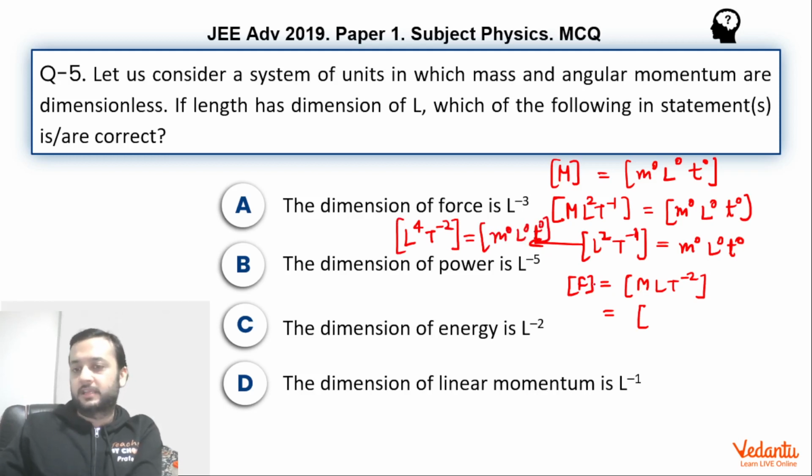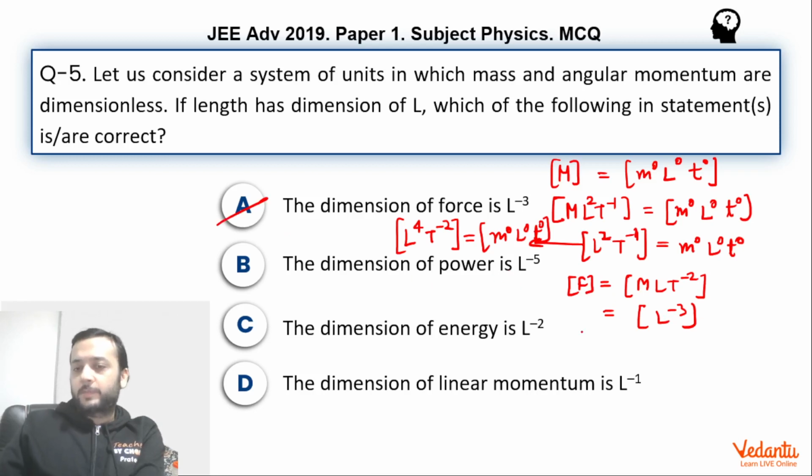Now it is easy to see M has gone. So if you take L cube to this side, this is exactly what we are going to get. So can we say that this is L to the power minus 3? So hence the dimension of force is this. So option A is right.